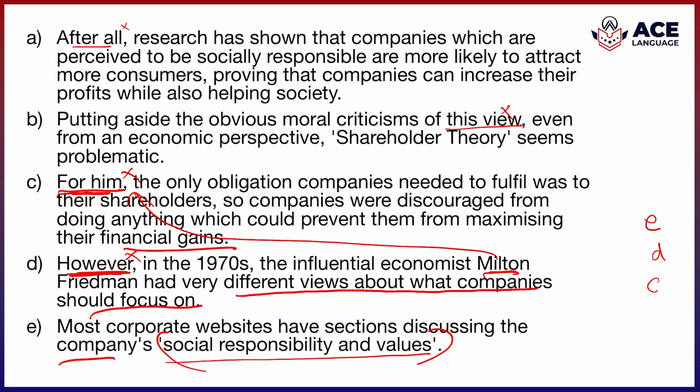Putting aside the obvious moral criticism, obviously this is quite a criticized view, which view that it only owes responsibility to shareholders, even from an economic perspective, shareholder theory. So we can see that number B will come after that, obviously putting number A at the end. And if we look at it, after all, research has shown that companies which are perceived to be socially responsible are more likely to attract more consumers. So obviously that shows us this pairing is correct.